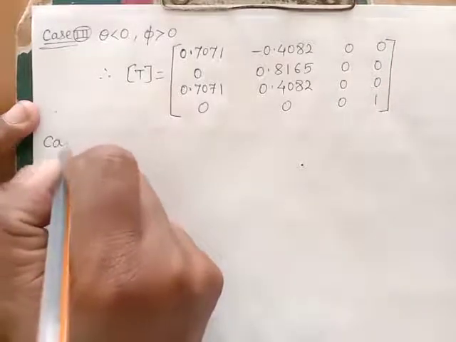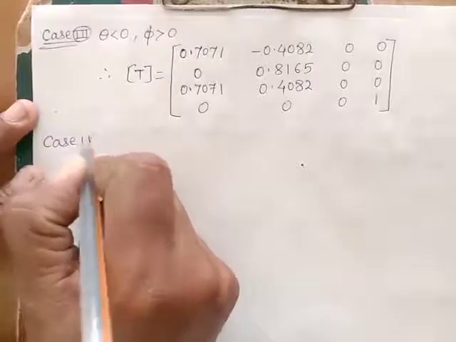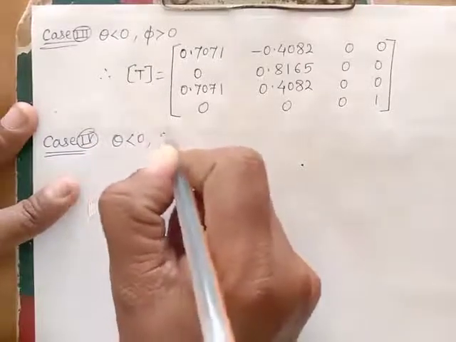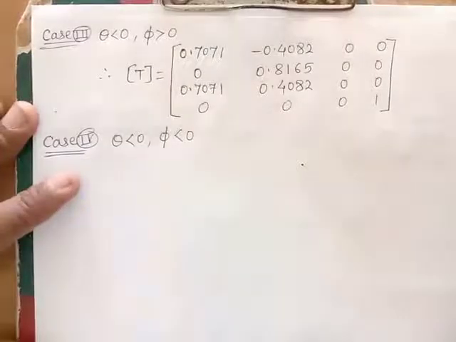And now case 4, theta negative, phi is also negative.